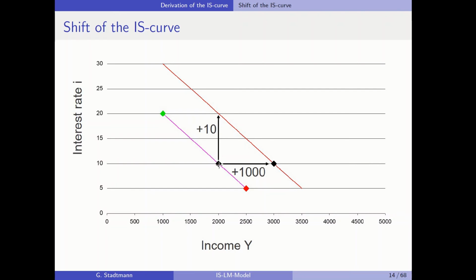How much does the IS curve shift to the right? When we compare the interest rate level in this black dot and in that black dot, it's always equal to 10%. Therefore, the change in the interest rate is equal to 0. The interest rate, when we compare these two black dots, does not change.